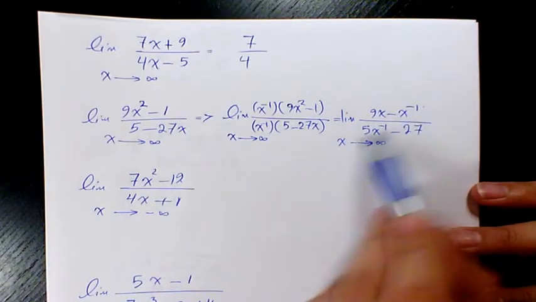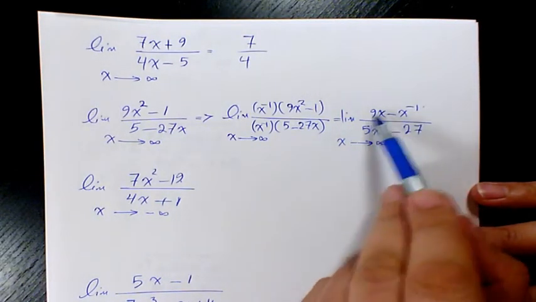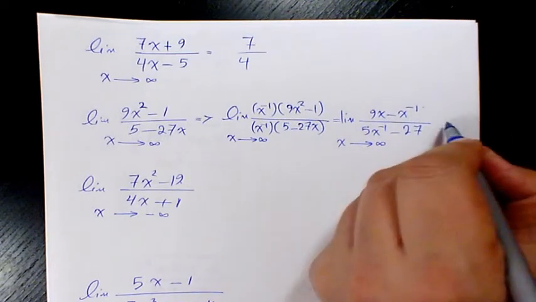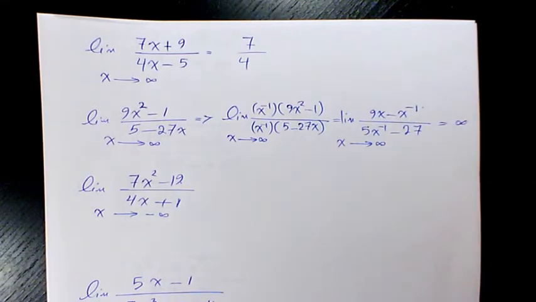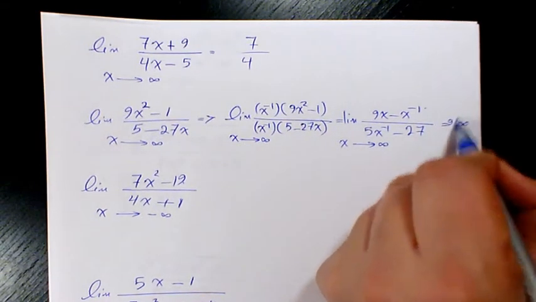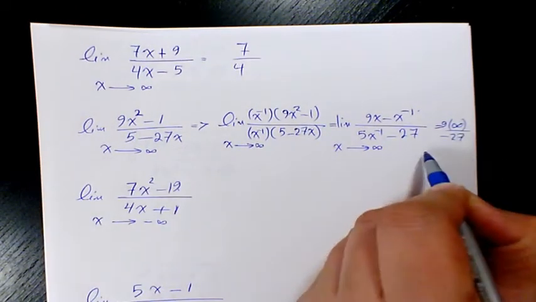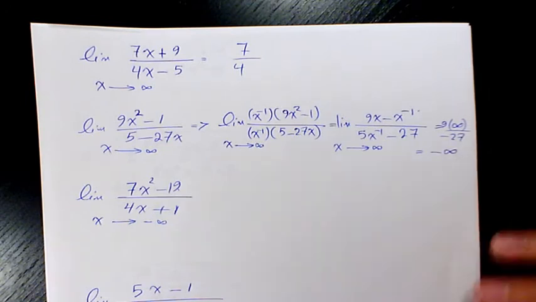So this part and this part are going to be 0. The answer is going to be infinity over 27, which is infinity, multiplied by 9 over negative 27. So it's going to be negative infinity.